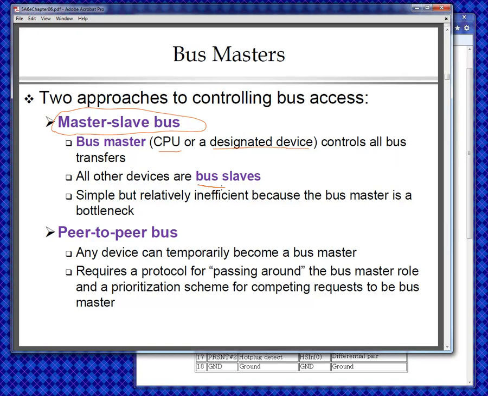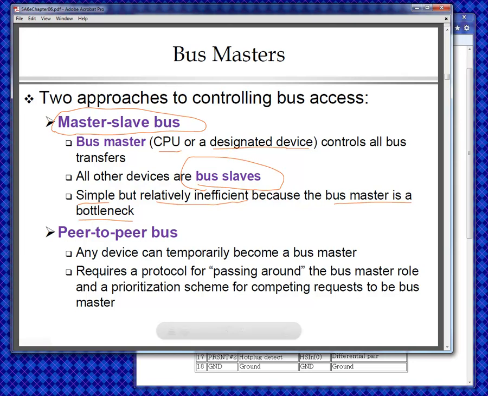Every other device attached is a slave. It has to wait for instructions and ask permission before it can do anything. The advantage of this is it's simple. The disadvantage is it's relatively inefficient. Why? Because the bus master is a bottleneck. And particularly in the modern world, the CPU's got much better things to do than be directing traffic.